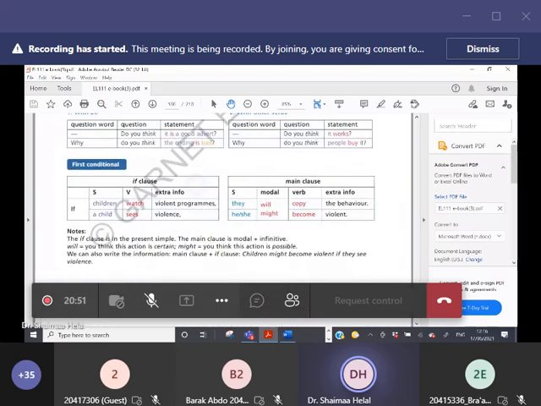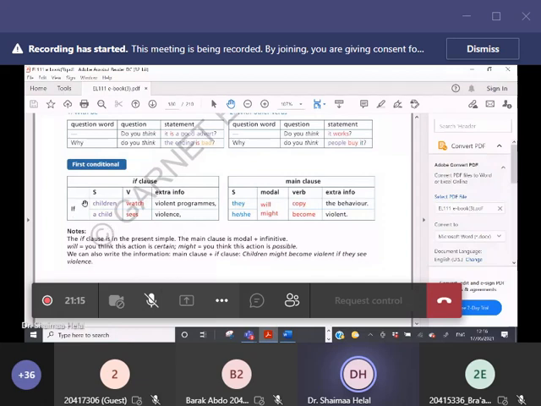Now, this is a really very, very important rule. This is the most important one actually in theme 3, which is the if clause in the first condition, or first conditional. This is related to theme 3.